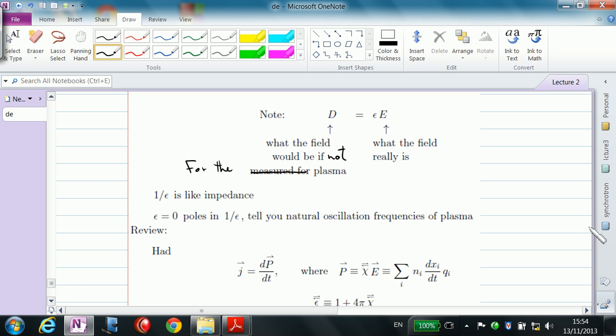So it's always confused me, because it seems to me that epsilon, the inverse of epsilon, is the more intuitive quantity. Because E is equal to epsilon to the minus 1 D, and by the way, epsilon is a tensor. It's a second rank tensor, and these are vectors.